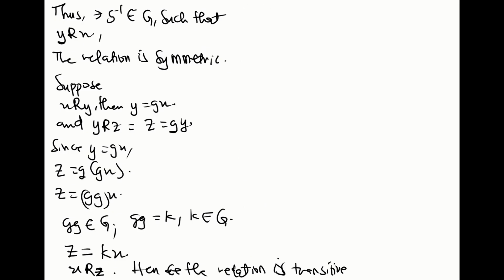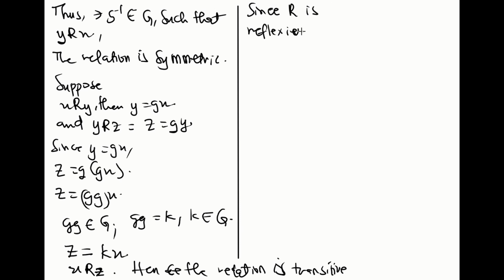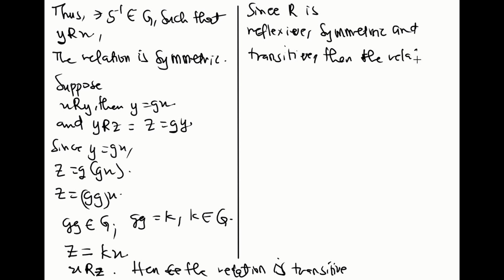So we conclude that since R is reflexive, and at the same time our R is symmetric, and transitive, then our R, the relation, is an equivalence relation.